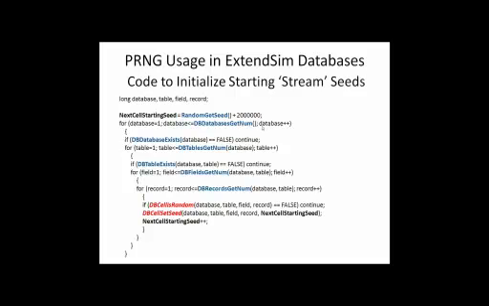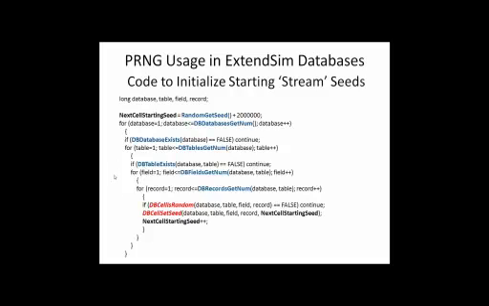This is the code that's used to initialize all starting stream seeds for cells with a random distribution defined. The first thing we do is set a global variable equal to the current system seed, whatever it happens to be, the starting system seed, and we add 2 million to it. So we're offsetting by 2 million.